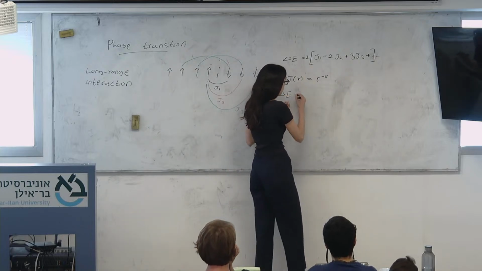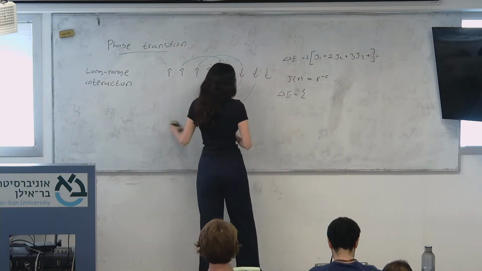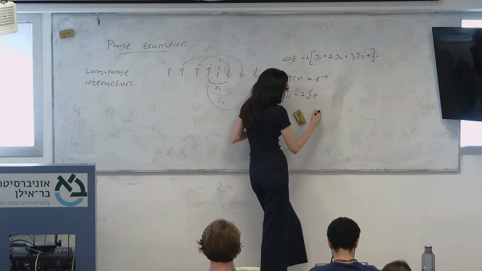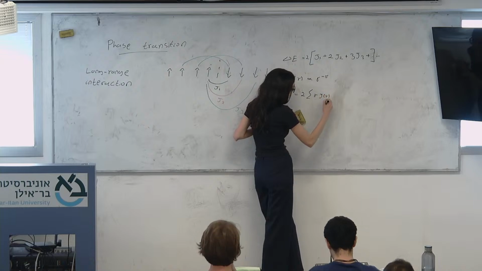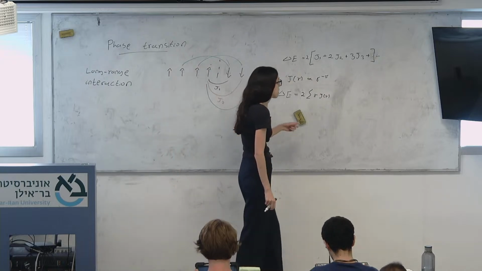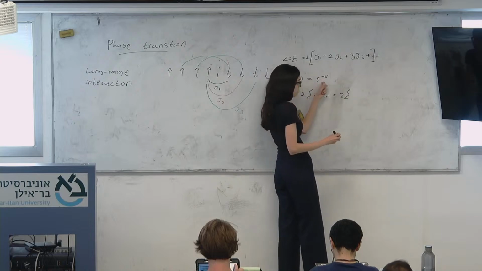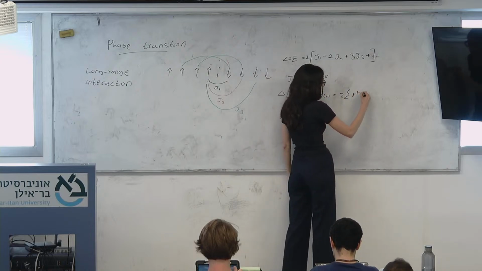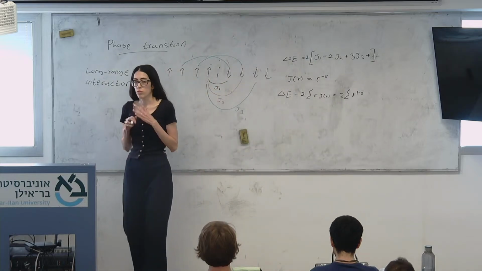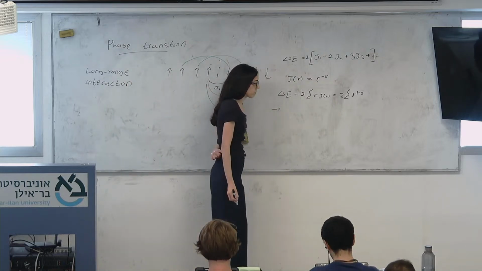Okay, so delta E in general, if you look at what we have here, we can write it as a sum of R multiplied by J of R. We have 2 multiplied by J2 and so on. So if J of R goes like R to the minus sigma, we get R to the 1 minus sigma. And we don't like to solve infinite sums because they're ugly, so we're going to turn it into an integration.